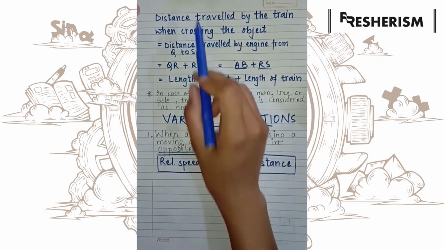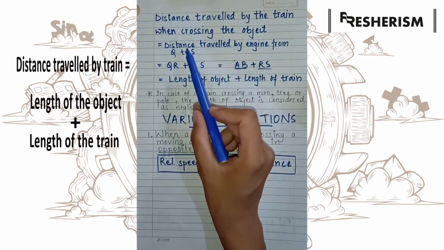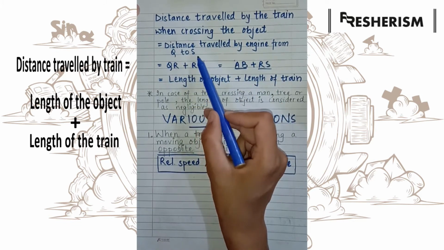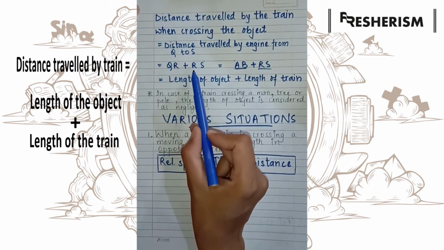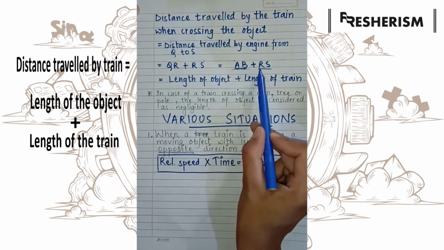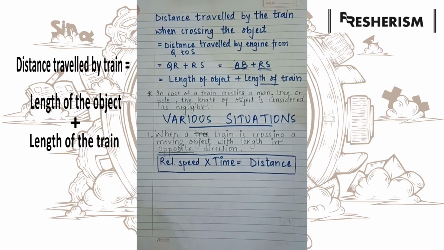So the distance traveled by the train when crossing the object will be equal to the distance traveled by the engine from Q to S, that is equal to QR plus RS, which is further equal to AB, the length of the object, plus RS, the length of the train. So the total distance traveled by the train while crossing an object will be equal to the length of the object plus the length of the train.